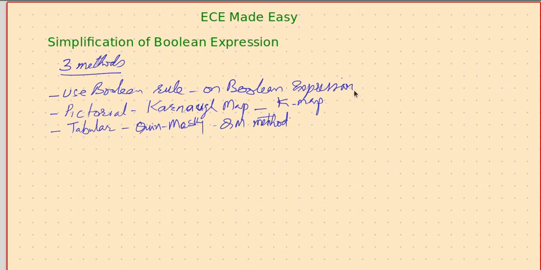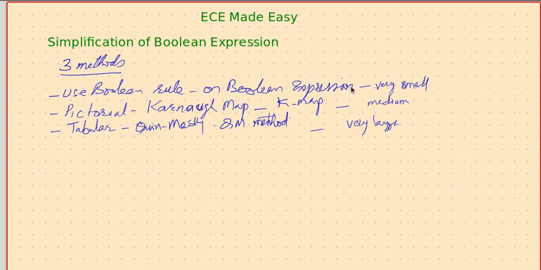Yes, there are some observations. The first method can be used for very small problems. The K map can be used for medium sized problems. And the QM method can be used for very large problems also. Anything can be used for small problems. The first method can be used for medium problems also, but this is useful only when you have a smaller problem that you can solve on a sheet of paper.